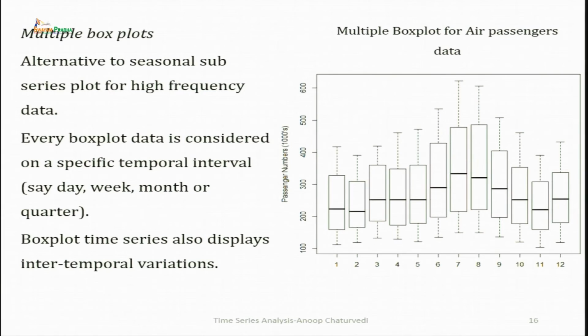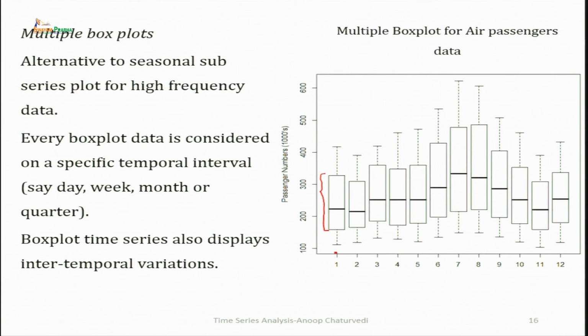Means now this is the box plot corresponding to January. So, for the month of January, this is the plot for all the years. So, in January, how much variation is there? This interquartile range provides you a measure of variation for the month of January.